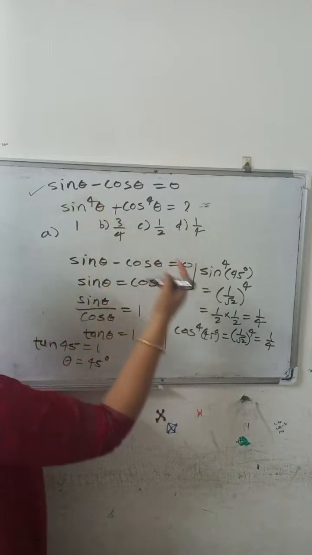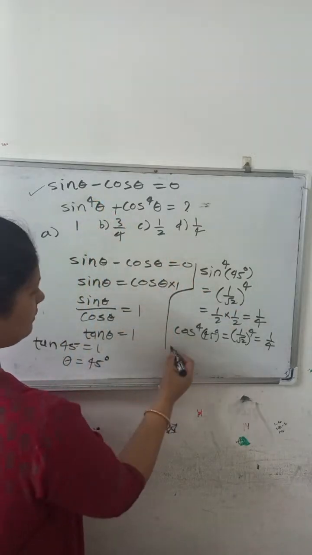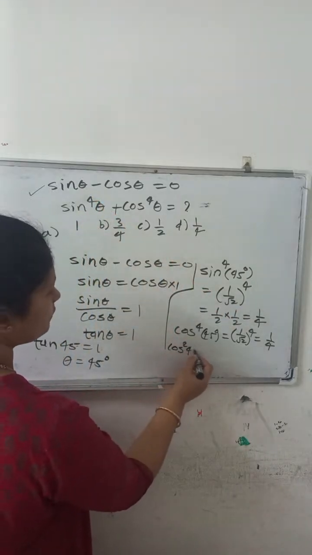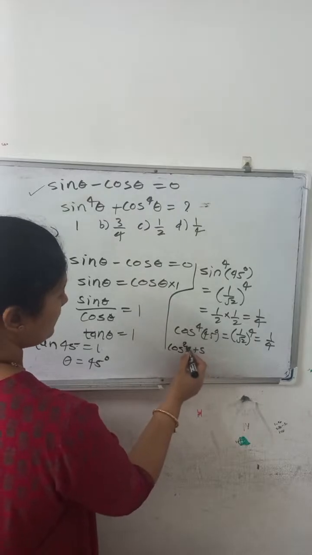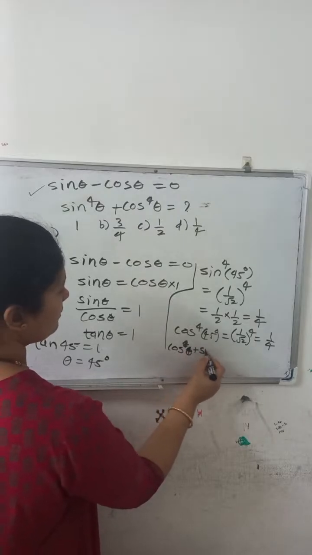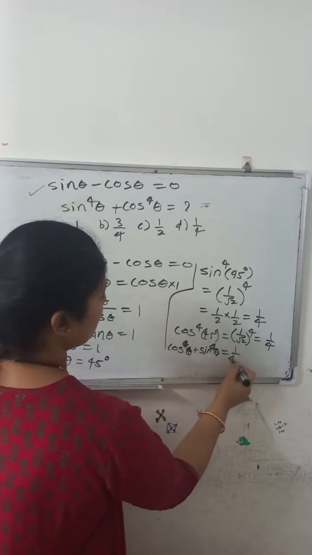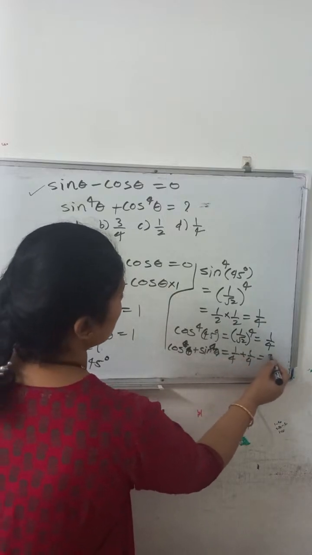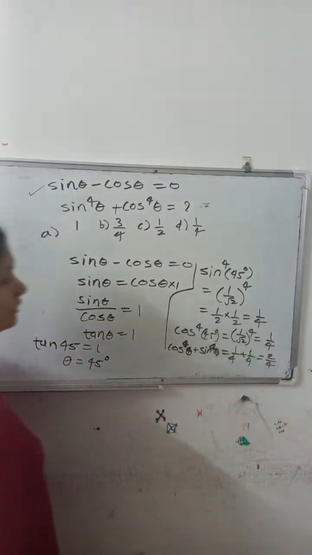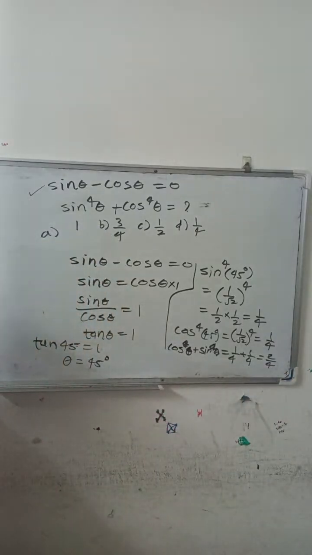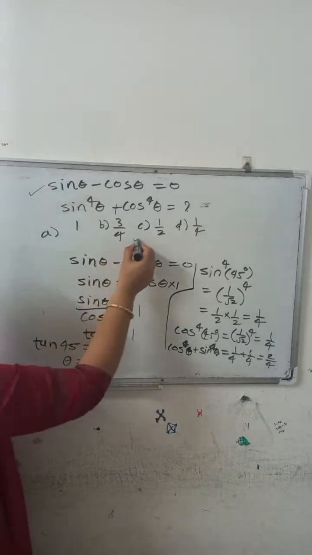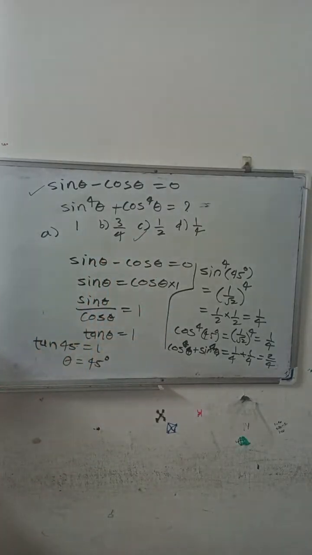Here it is plus. So cos raised to 4 theta plus sin raised to 4 theta is nothing but 1 by 4 plus 1 by 4, that is 2 by 4, which we can write as 1 by 2. So the option is 1 by 2. Getting this?